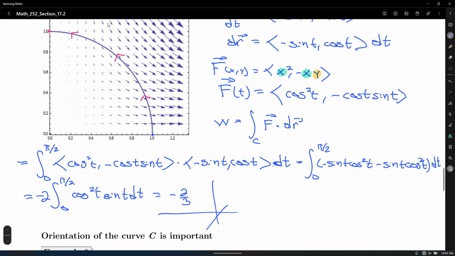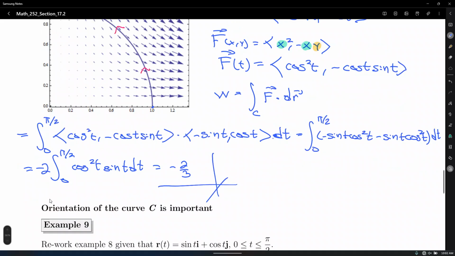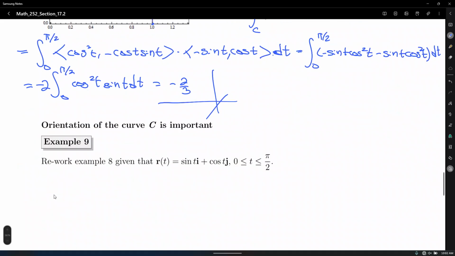That is, could be positive or could be negative. And in this case, since we are integrating over a trajectory field where there's a driving force that will affect the work done, well, so orientation of the curve will matter.